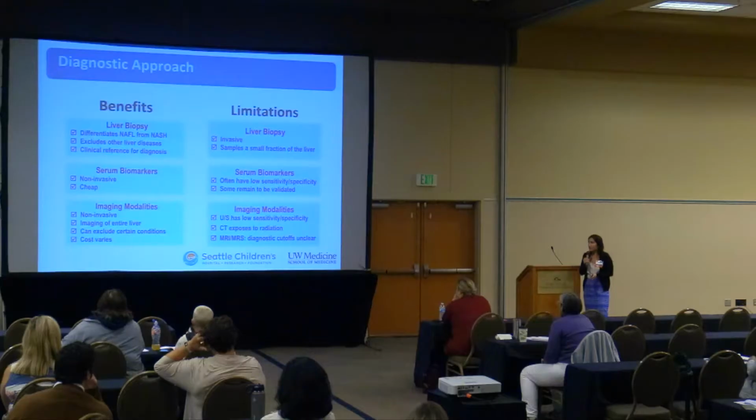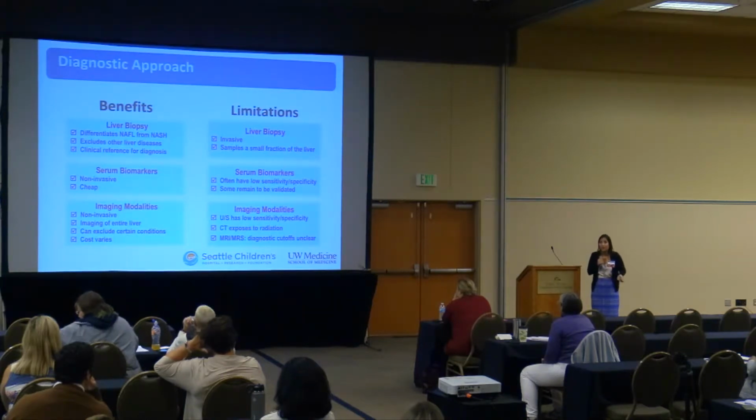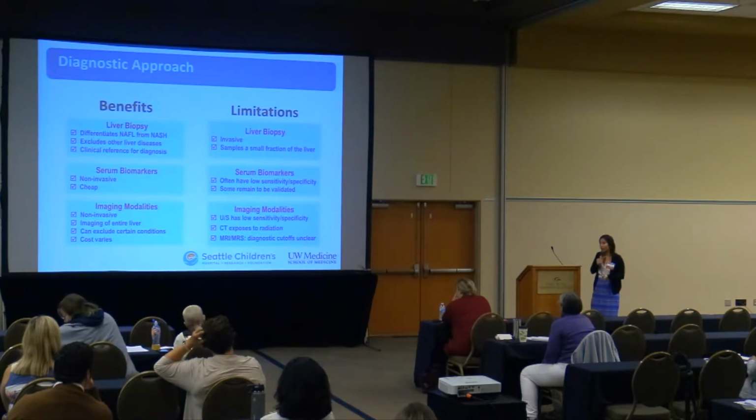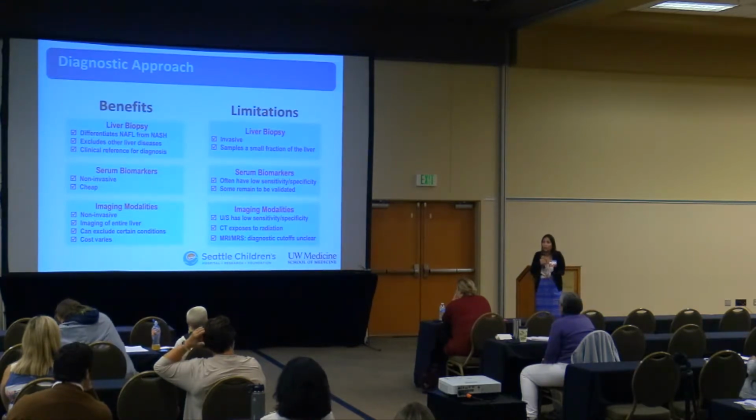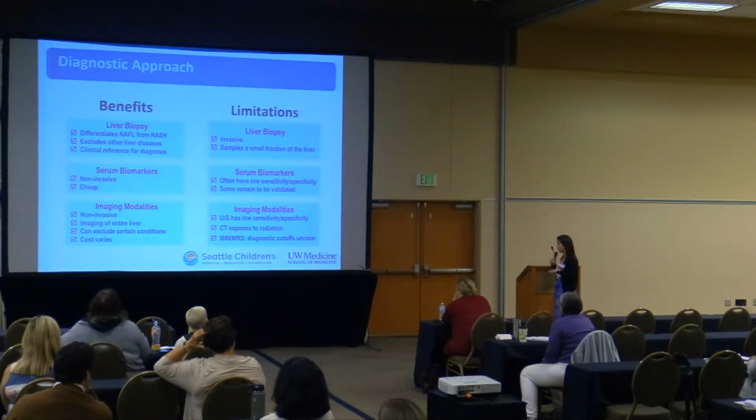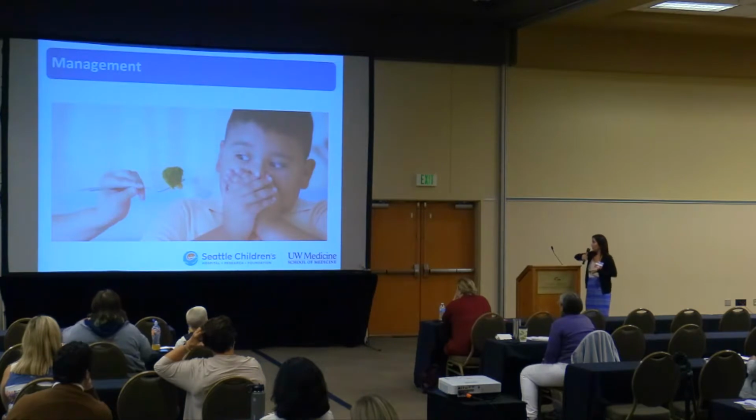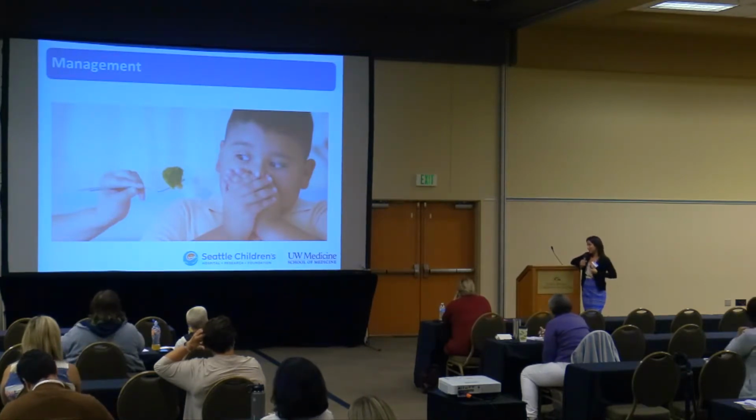Laboratory workup really doesn't tell you anything. You can even have positive ANAs, positive markers of autoimmunity, and they're not going to have autoimmune hepatitis necessarily. And imaging tells me nothing. We're going to see fat, but it can be from Hep C and Wilson. So at the end of the day, probably it's going to be a combination of those. So how do we manage fatty liver?